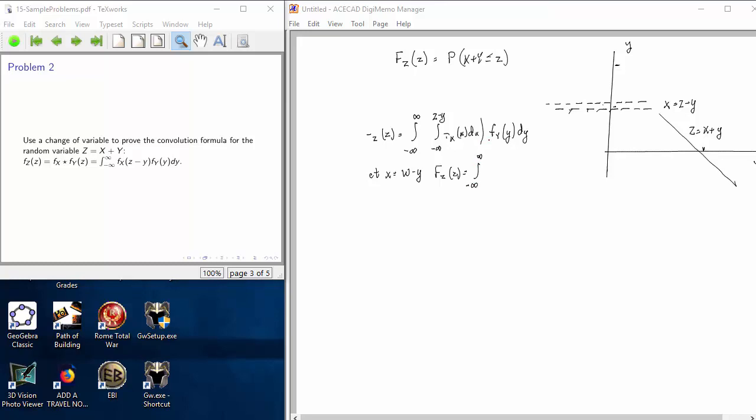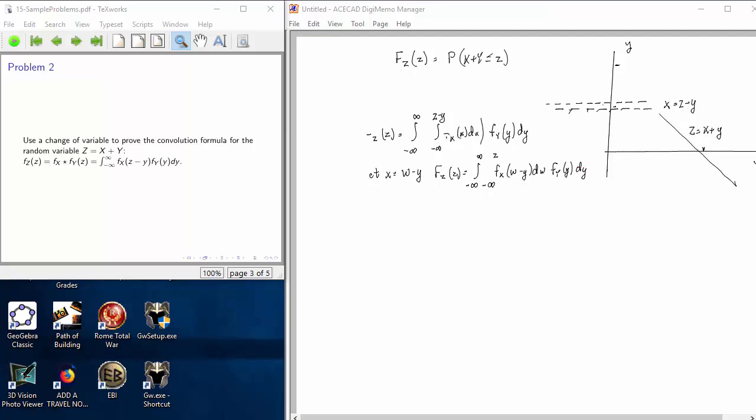I'm integrating over y from minus infinity to infinity, and I'm integrating over w just from minus infinity to z. Z is a constant for purposes of this integral. I've got f sub x now as a function of w minus y. I multiply by the density function for y and integrate over y.